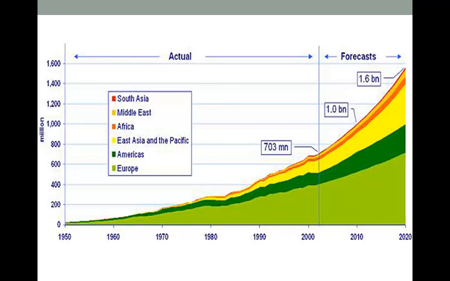So, by the 2004 period, which is when this graph was finished for, there were 703 million global tourists as a total. However, most of these were in Europe, which is where our 400 million category was. There was only, and this is the key thing about this graph, approximately 100 million in the Americas and 100 million in East Asia and the Pacific.